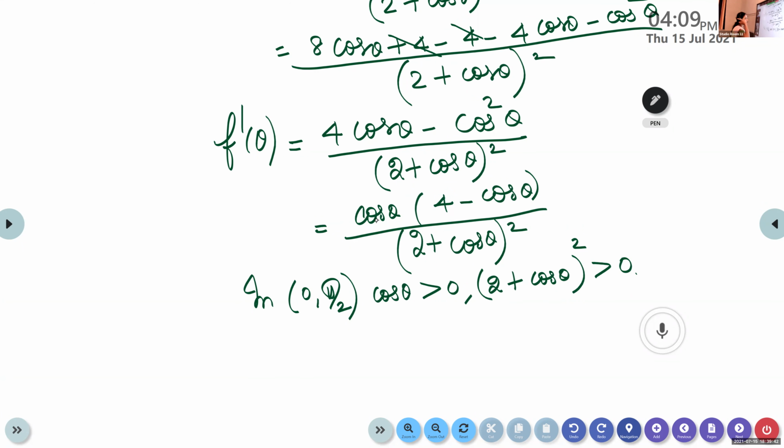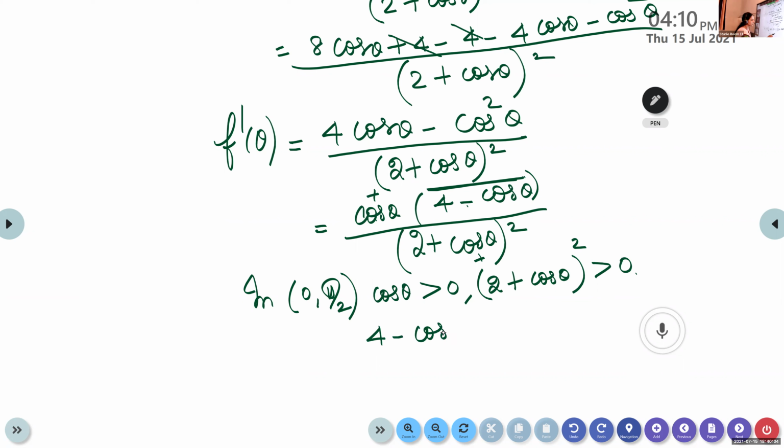In the denominator, we have a square, that is also positive. So which is the factor left out? 4 minus cos theta, isn't it? So we have to look at the term 4 minus cos theta.